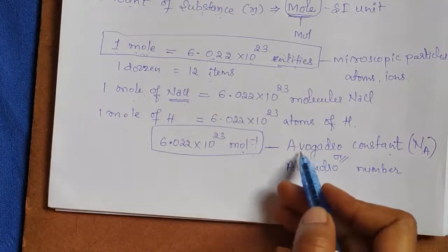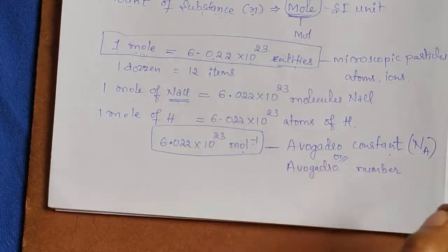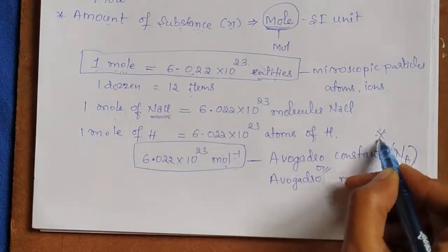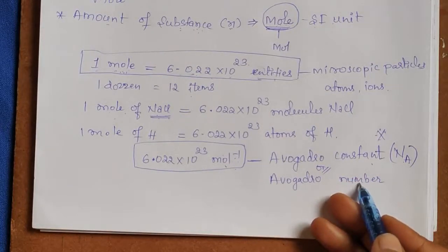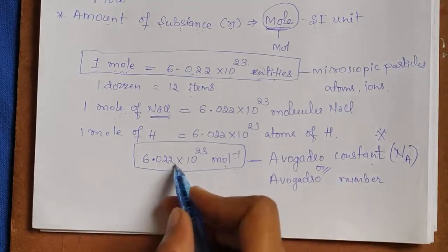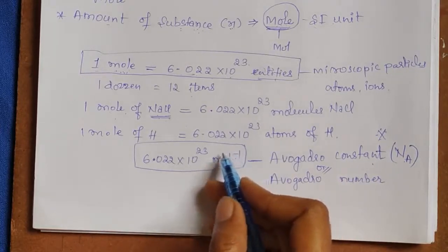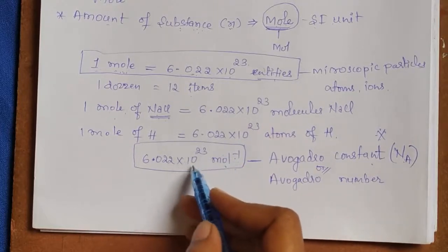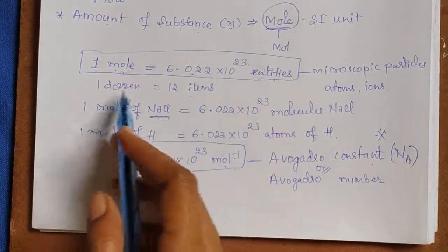Avogadro is the name of a scientist. It is very important that you remember this also. You should mention the unit compulsorily, otherwise it is not equal to the Avogadro number; it is just equal to 1 mole.